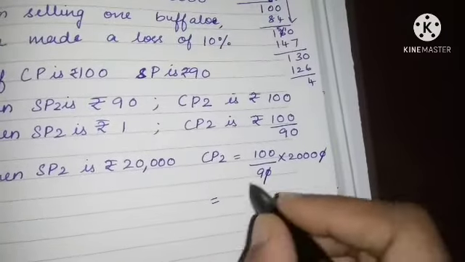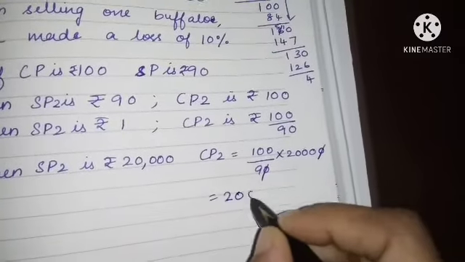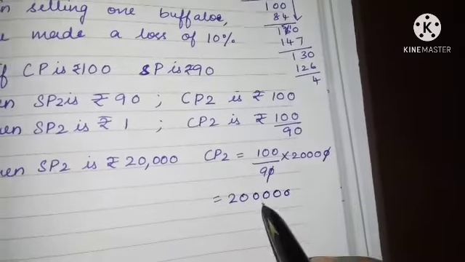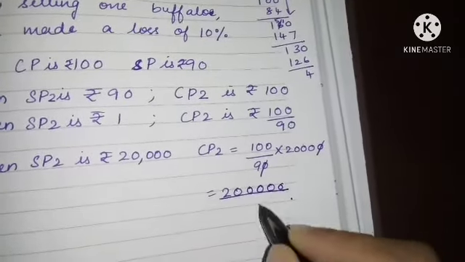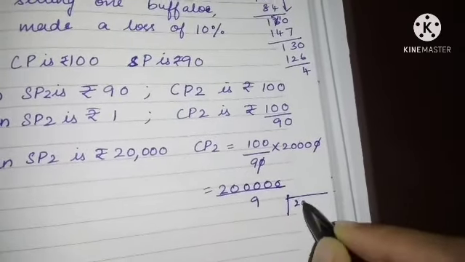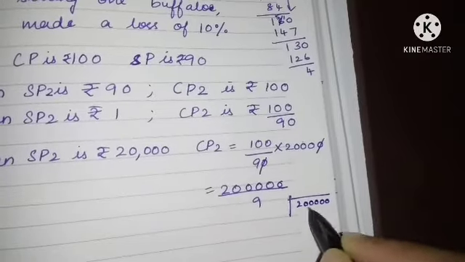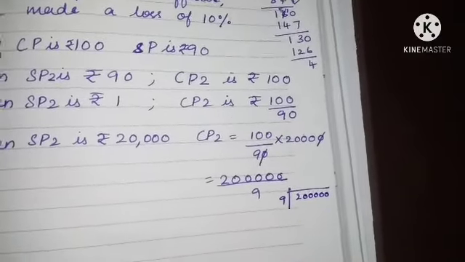If possible you can divide it. 2 0 0 0 0, 5 zeros are there, divided by 9.